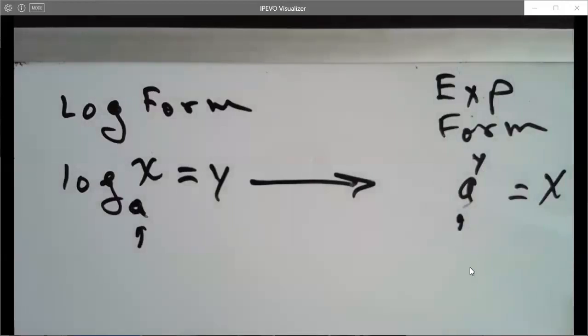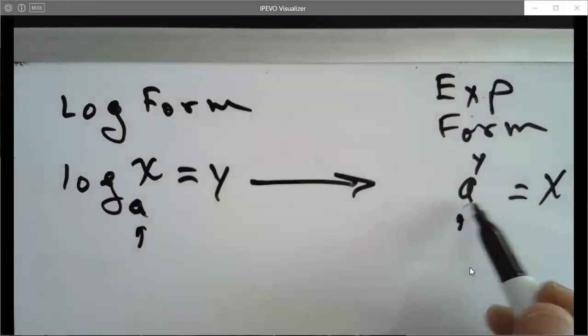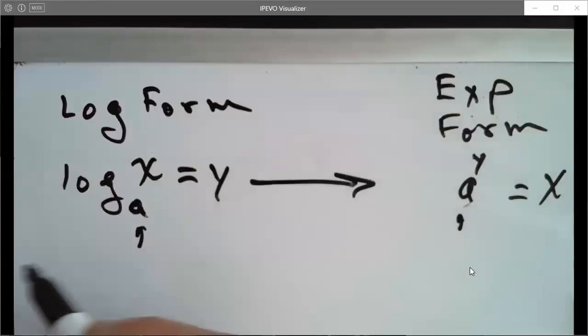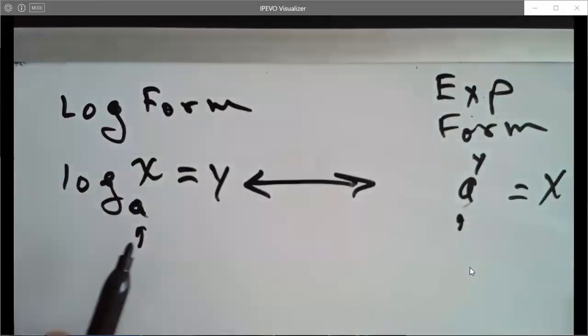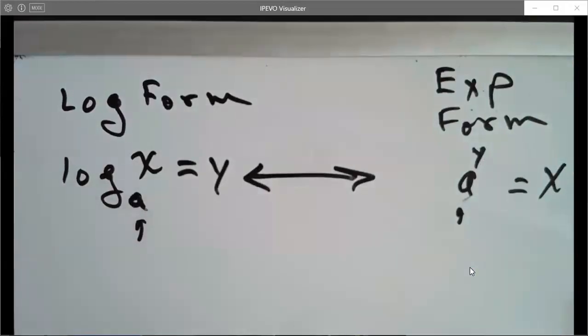Okay, so that's one way to solve a logarithmic equation. And you can also go back the other way. If your equation is in exponential form and your unknown is up there as an exponent, you can convert it to a logarithmic equation. So you can go one way or the other. And in mathematics, that's what we're talking about when we say if and only if.